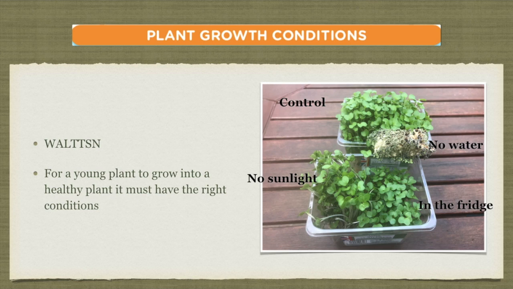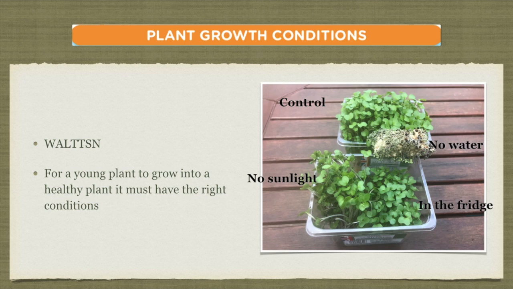And then on the right hand side at the bottom, this cress was put in the fridge, so the temperature was much cooler. And you can see that the cress that was put in the refrigerator, although it looks very green, it hasn't grown as tall as the control cress. So we can see that if we change the conditions for plants, different things can happen.